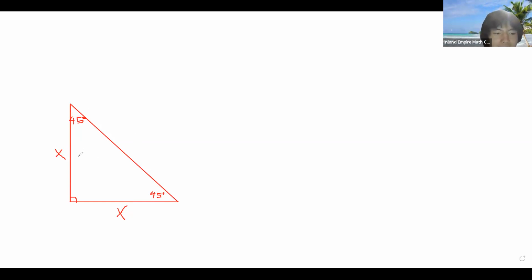Then if the side length is x, the hypotenuse will always be x times root 2. So if x is 3, the hypotenuse will be 3 root 2. If x is 4, the hypotenuse will be 4 root 2. Okay, now let's do a little computation.